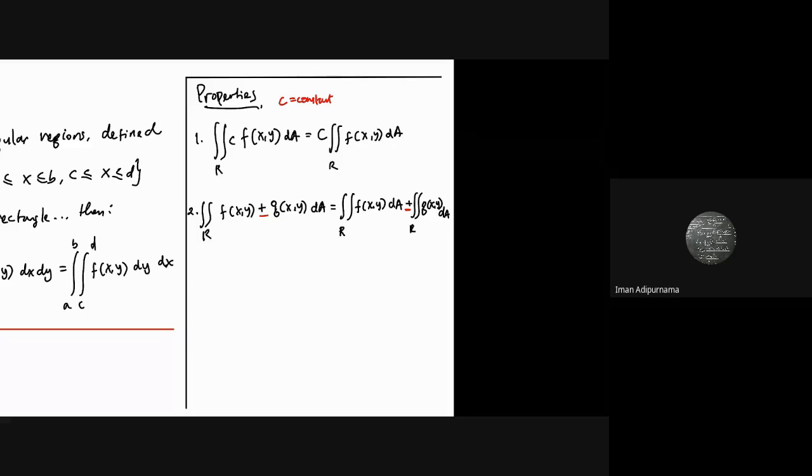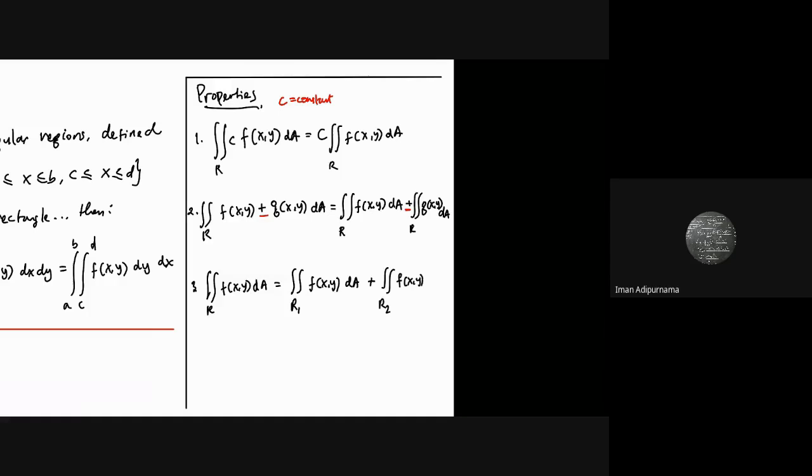Okay. The third one, you can separate the area. Separate the R, right? The region. R is R1 plus R2.